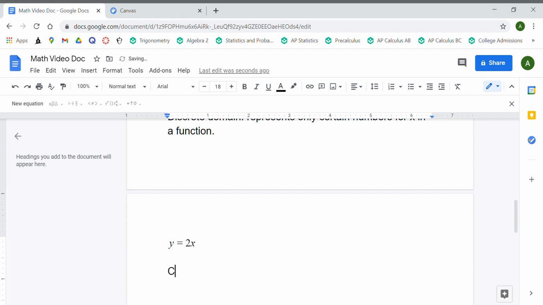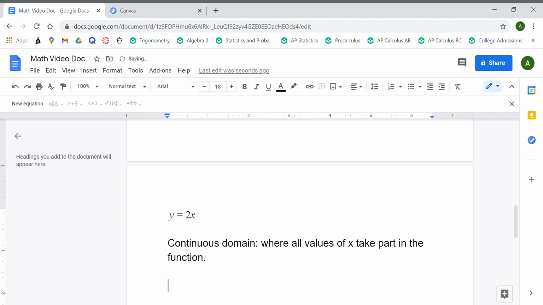Anyways, continuous domain, where all values of x take part in the function. Now, where can we have a continuous domain? Ooh, I got one.